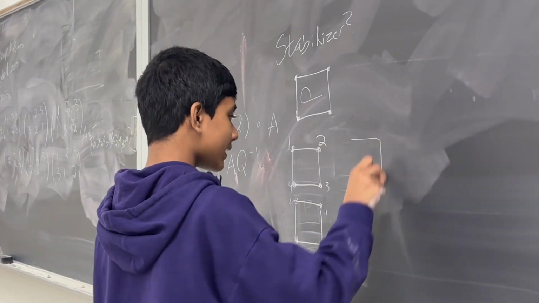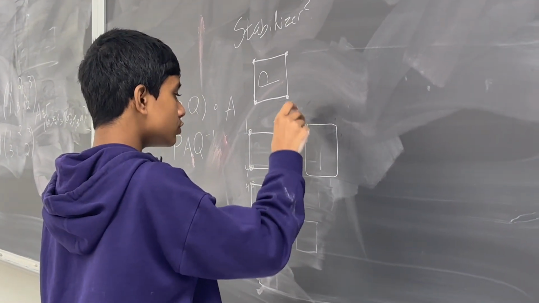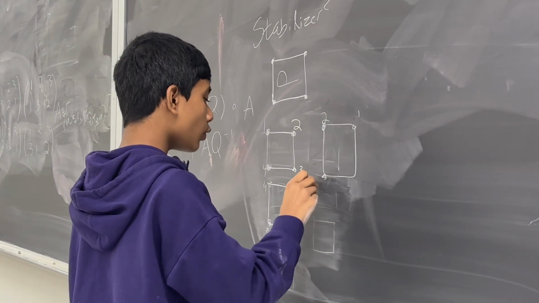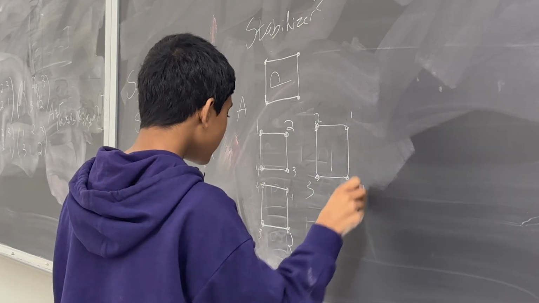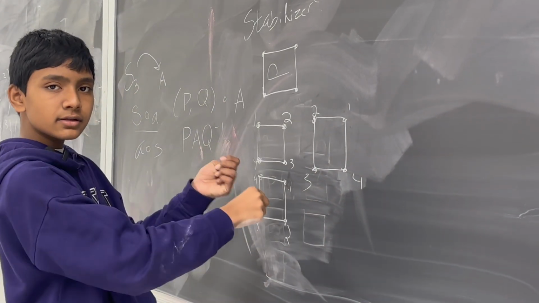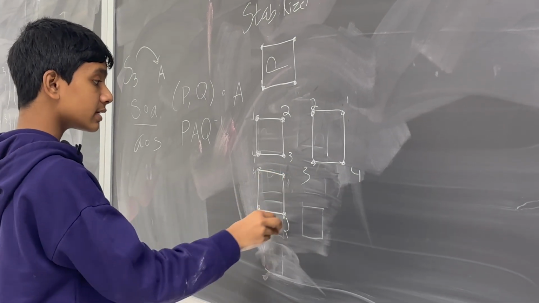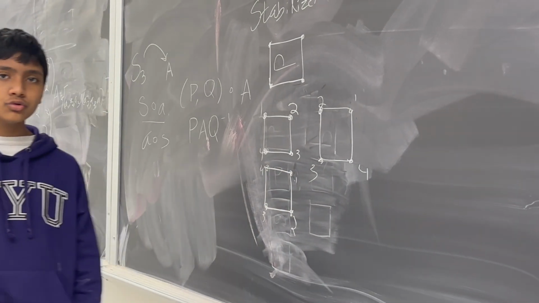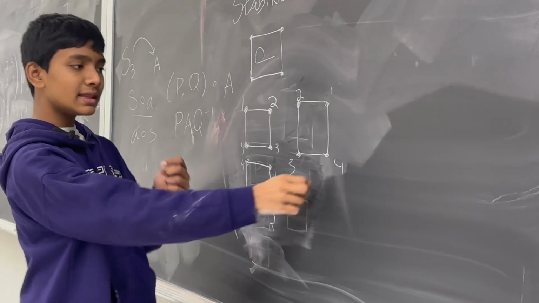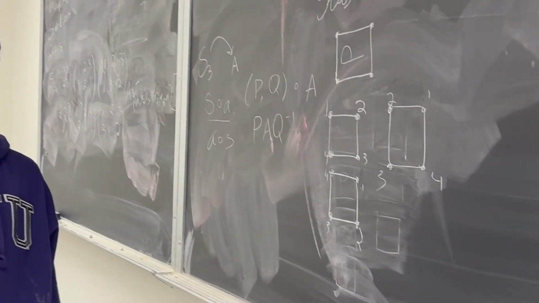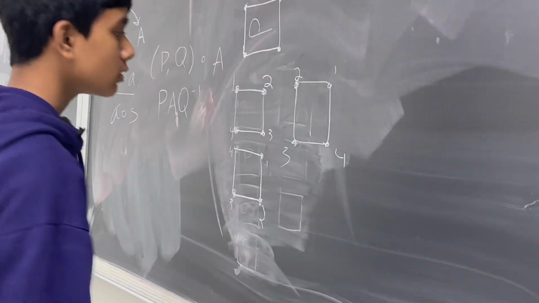So, reflecting swaps 2 back with 1 and 3 back with 4. So what we can do is cycle it twice so that 2 takes 1's spot and then reflect it so that 1 takes back its original spot by trading with 2.